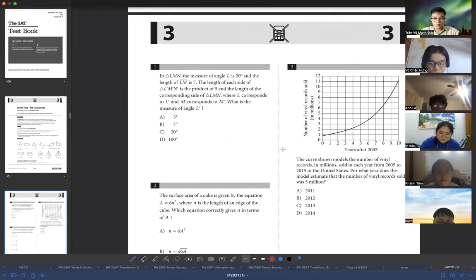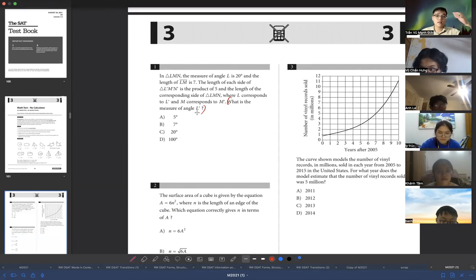You should read from the bottom to the top. Okay, from the bottom up. I would assume you mean reading the very last sentence, this one, right? What is the measure of angle L?